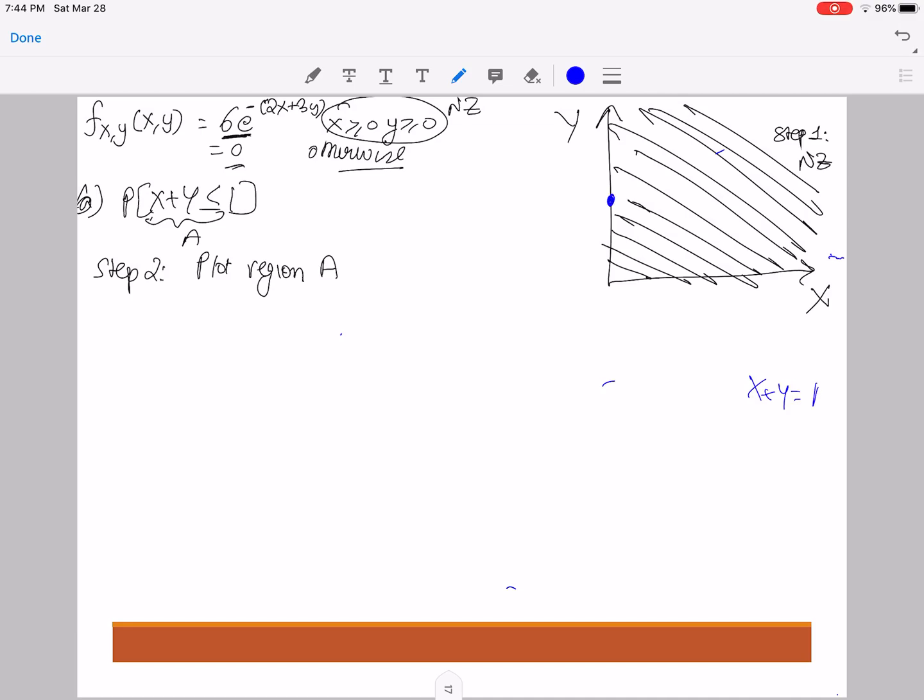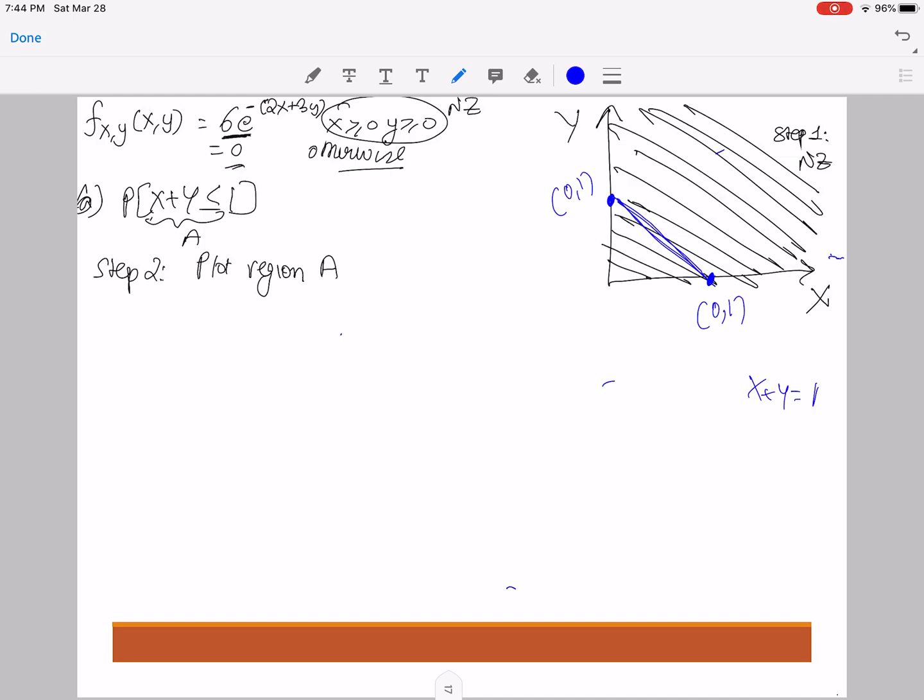So there's going to be a point right here, (0, 1), which belongs to the straight line. And then when y is 0, x is 1. So (1, 0) is also going to be on the straight line. So when I join these two points, I get x plus y equal to 1.